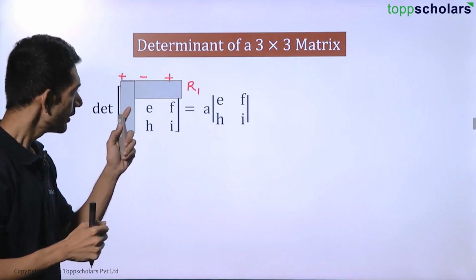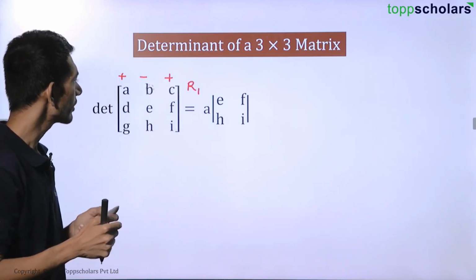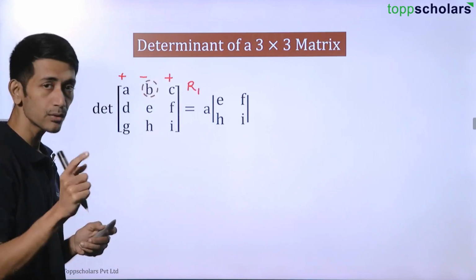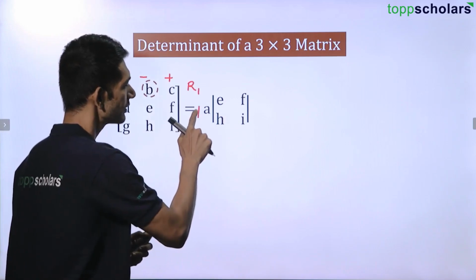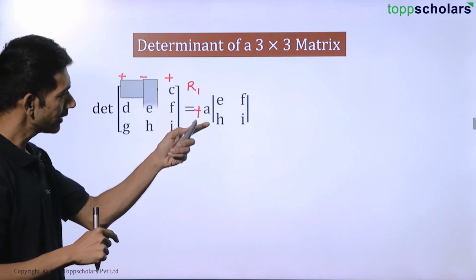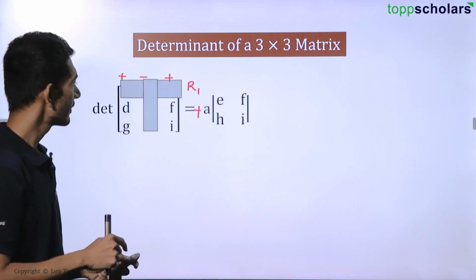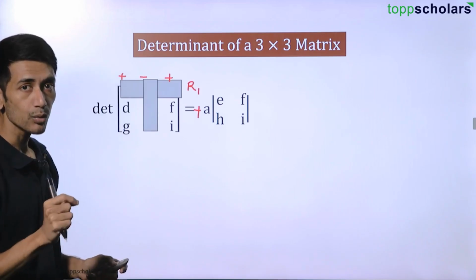I hope this part is clear. Okay. Now after that, you select the second element of the first row. But I told you, it is alternate plus and minus. See, this is plus, no? This is plus. Now you will write down minus. So there, you are going to take minus B, ignore the row and the column in which B belongs to.